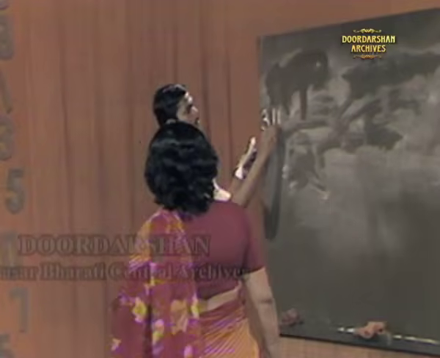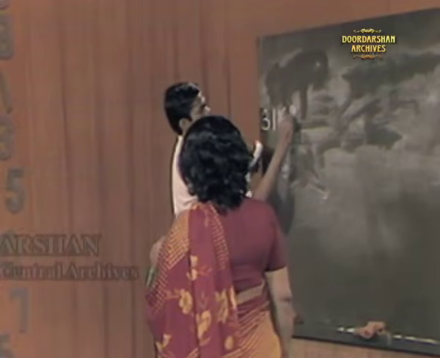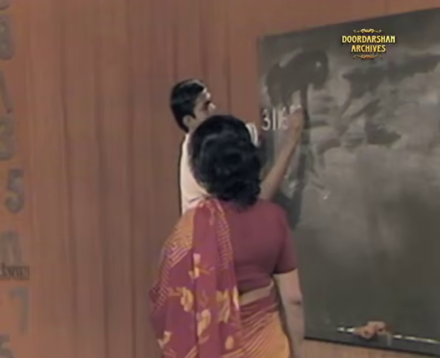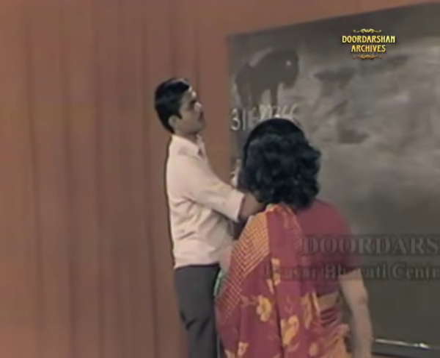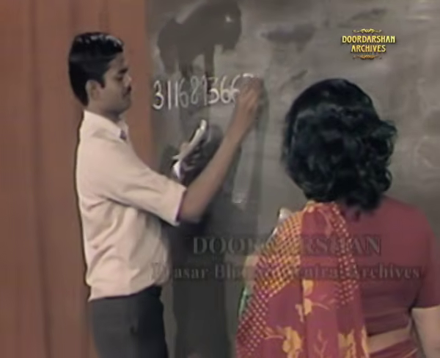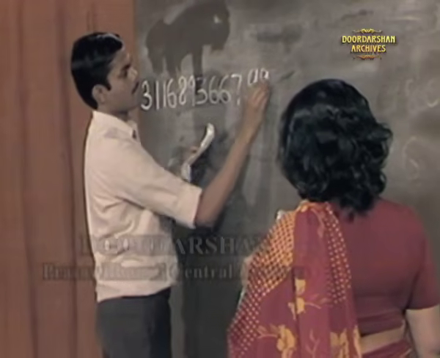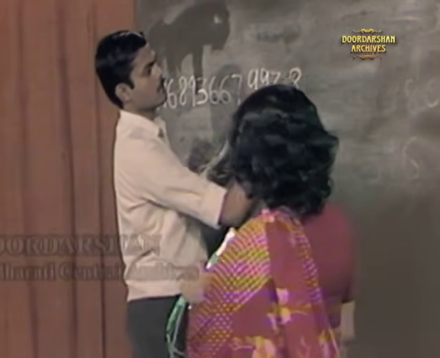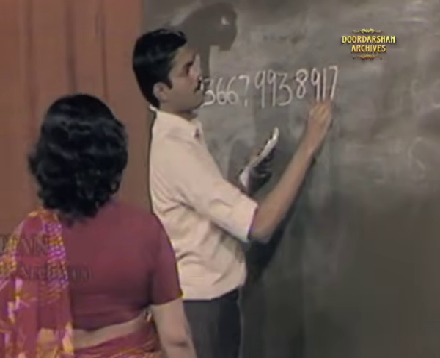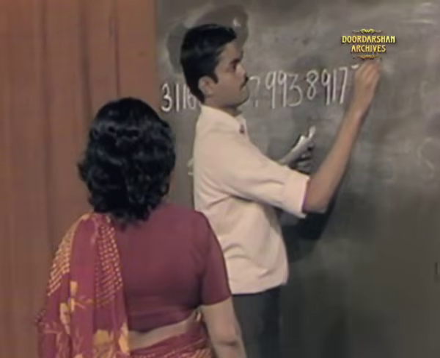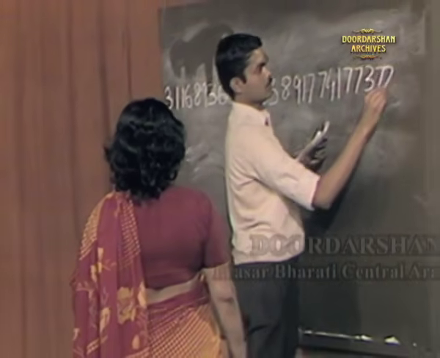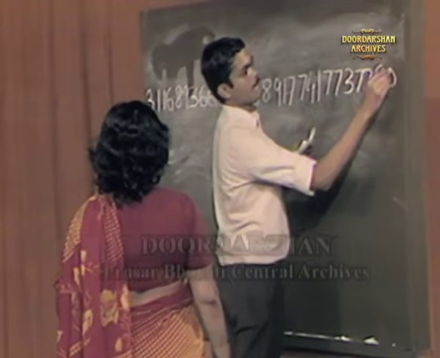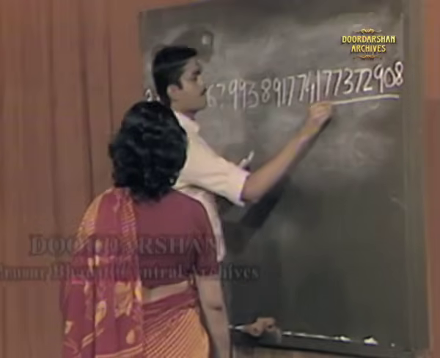3, 1, 1, 6, 8, 9, 3, 6, 6, 7, 9, 9, 3, 8, 9, 1, 7, 7, 4, 1, 7, 7, 3, 7, 2, 9, 8, 0, 8.